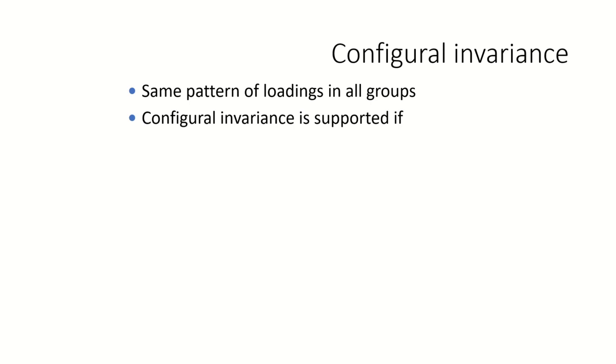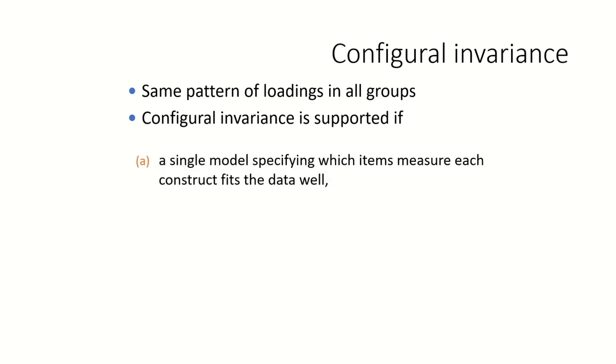And how do we know whether we meet a condition of configural invariance? We would first of all expect the same pattern of loadings in all groups, and configural invariance is supported if there's a single model which basically fits the data well. So we need to look at our fit indices.